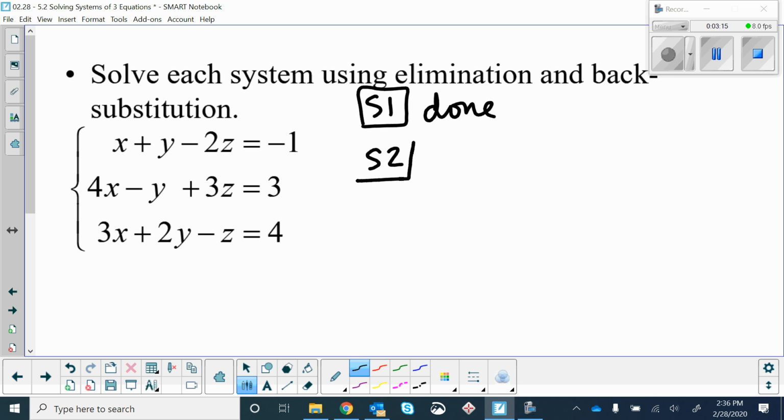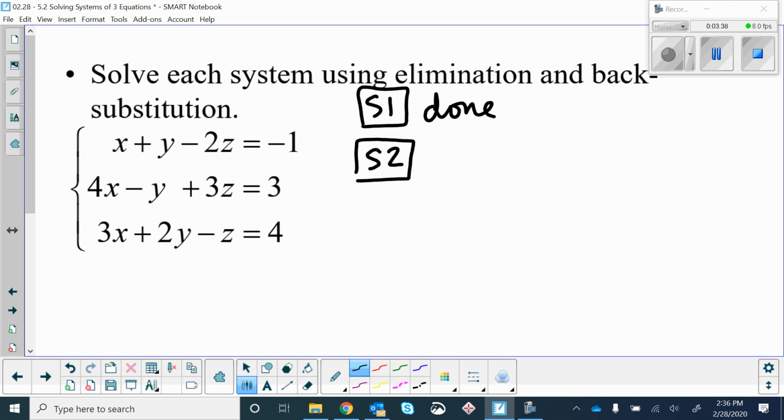Step 2. So read step 2 with your eyeballs and your brains. It says select a variable to eliminate. There are three variables here.